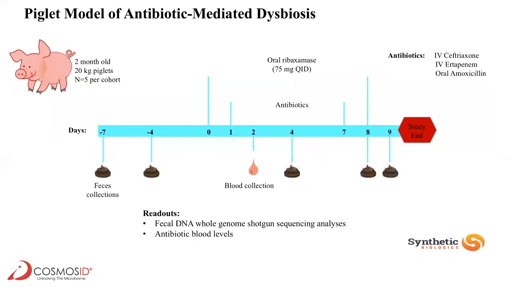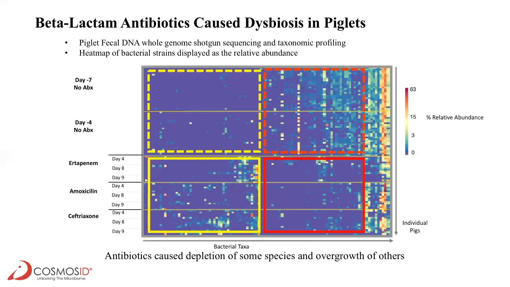Similarly, I want to show another thing: when you treat a piglet model with antibiotics, as you can see, antibiotics cause depletion of a lot of the commensal normal community in the gut, and simultaneously promote the overgrowth of other organisms that may not be beneficial for the host.